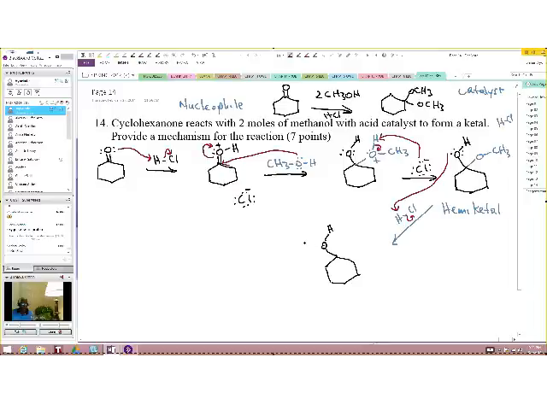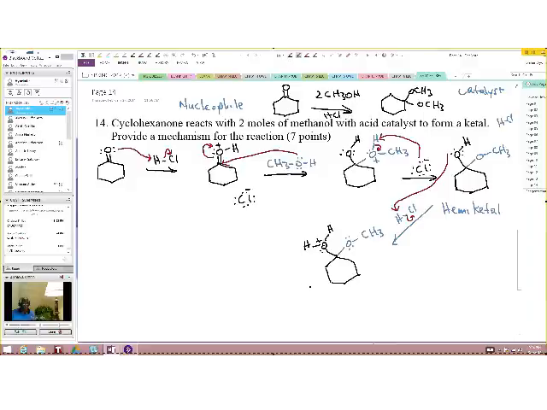Now does anybody know what will happen at this point? We have this intermediate here. Keep in mind, this is where we want to go. Water leaves, exactly. We are going to lose water because water is an excellent leaving group.